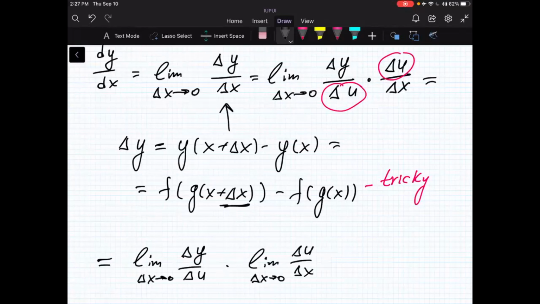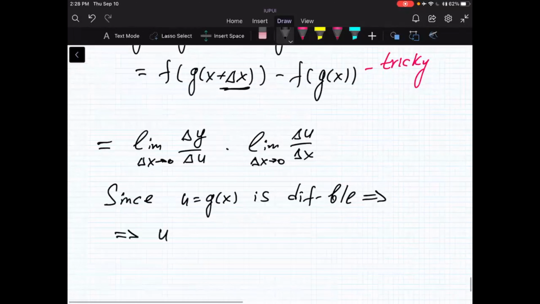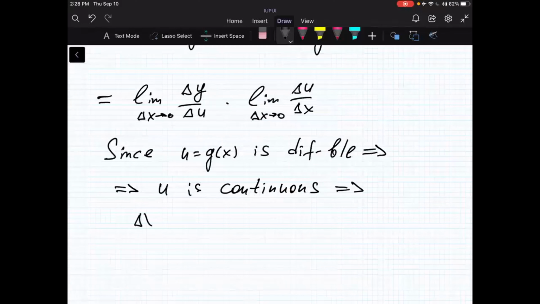But another trick here is that since u is differentiable, that's what we started with, that means that u is continuous. But that means that when delta x goes to 0, it's equivalent to delta u goes to 0.